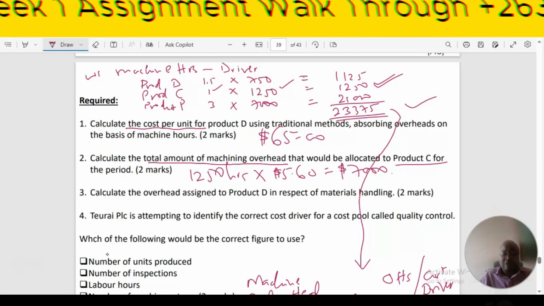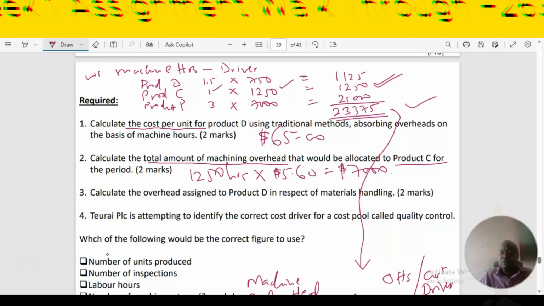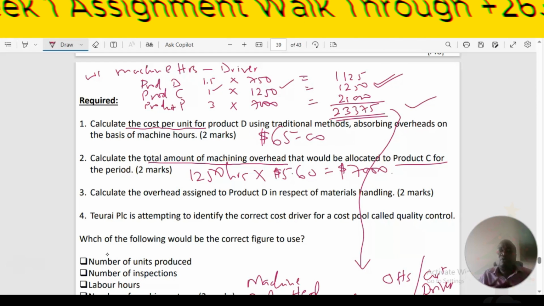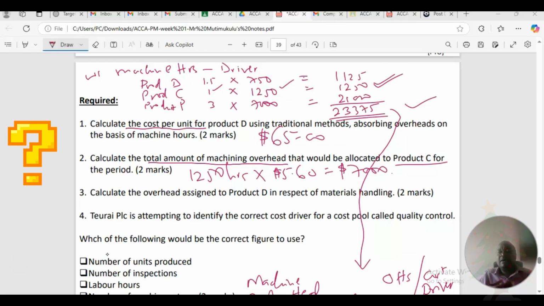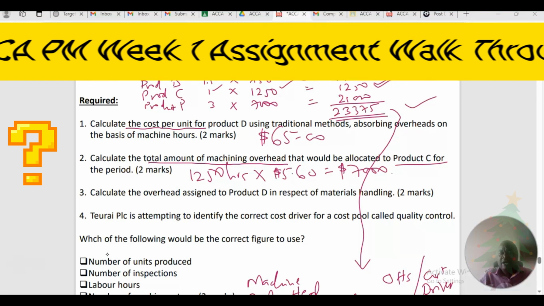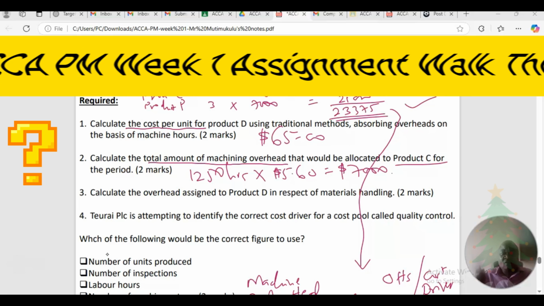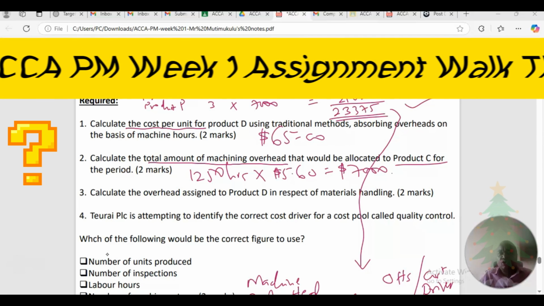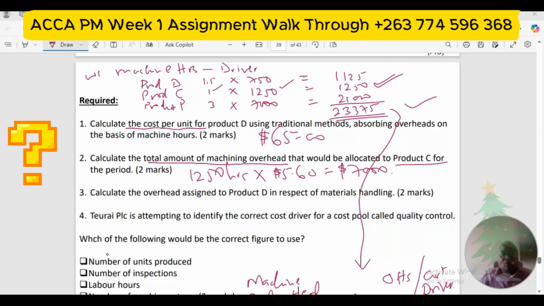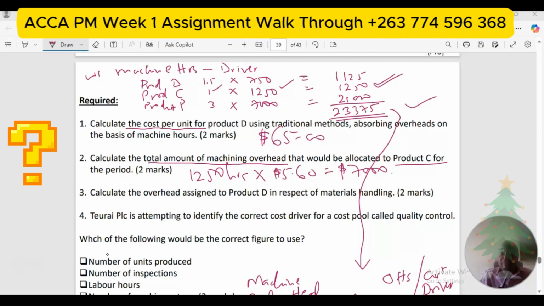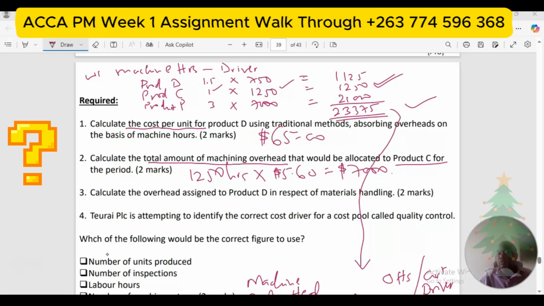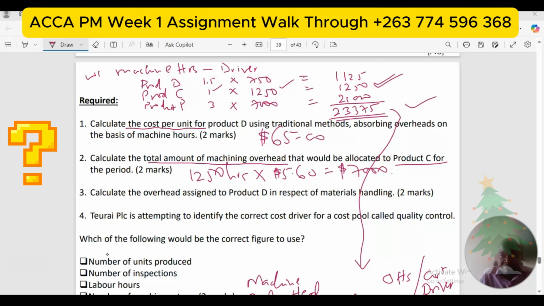First of all, we need to identify which cost driver is applicable for which cost pool, because by the end of the day, we want to determine the overhead cost per cost driver. Then when we get that information, we move on directly to the specific product we want to give an answer to.